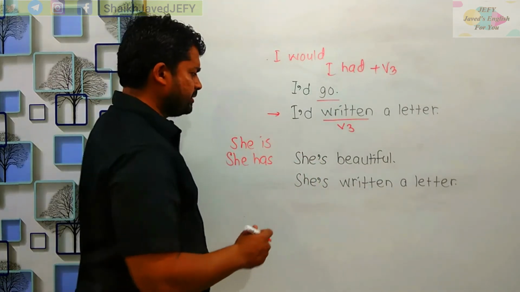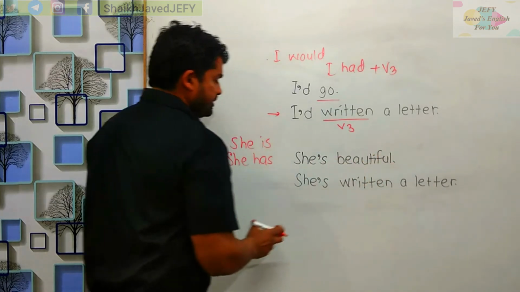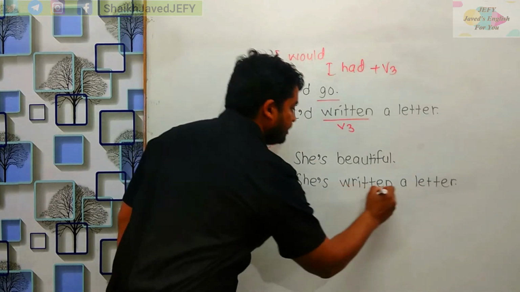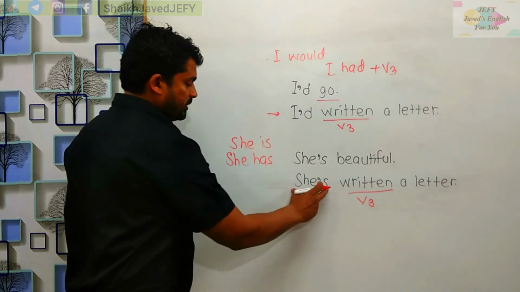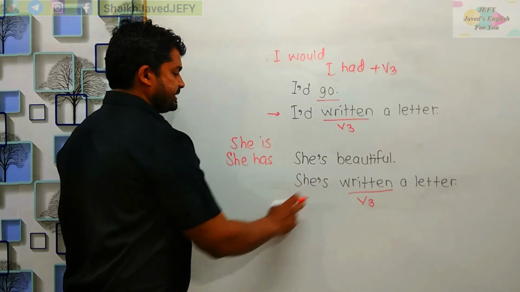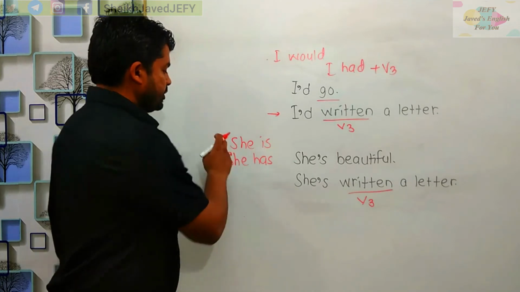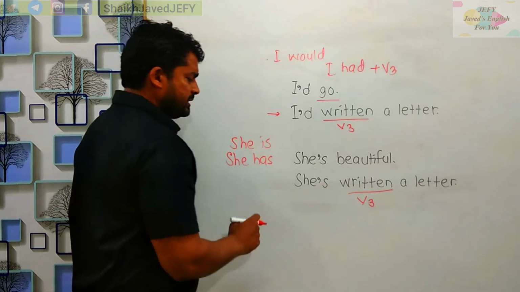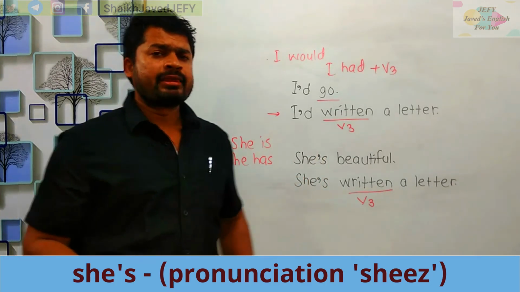Okay, we know that when we say she is beautiful, but when we say she's written a letter, here the third form of the verb has been used, so it's a contraction for she and has. Even if it's she is or she has, you will always read it she's like that.